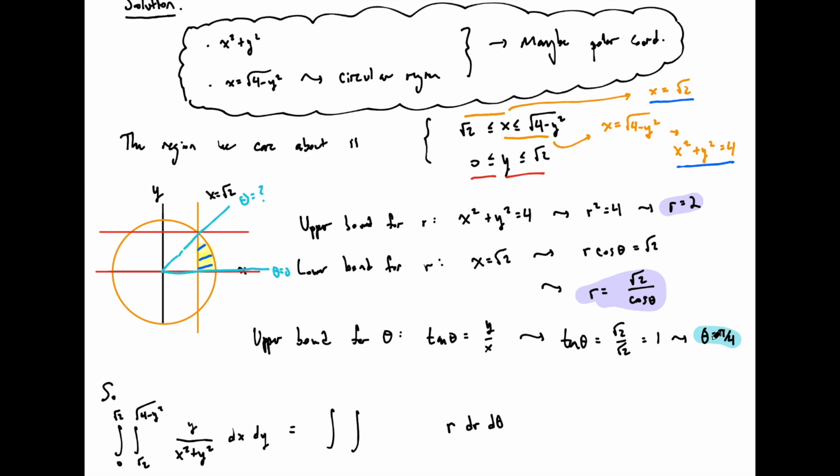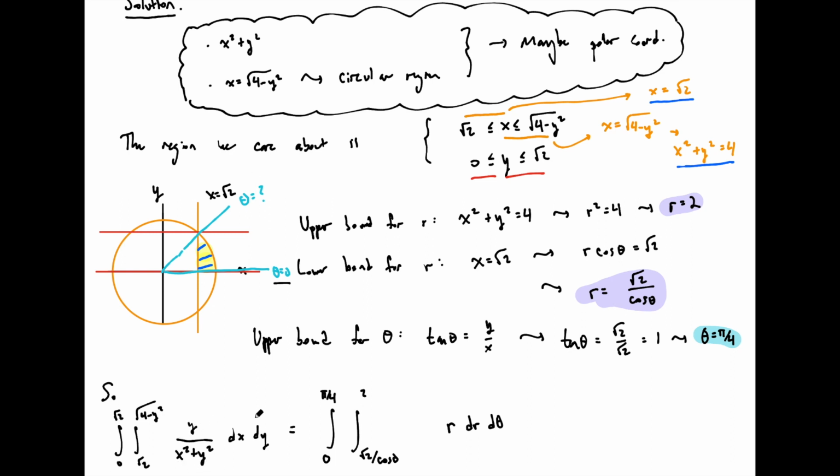The outside bounds, in terms of theta, we decided that the lower bound is theta equals 0, and the upper bound is pi over 4. And the r bounds, in purple up here, the lower bound is root 2 over cosine theta, and the upper bound is 2.